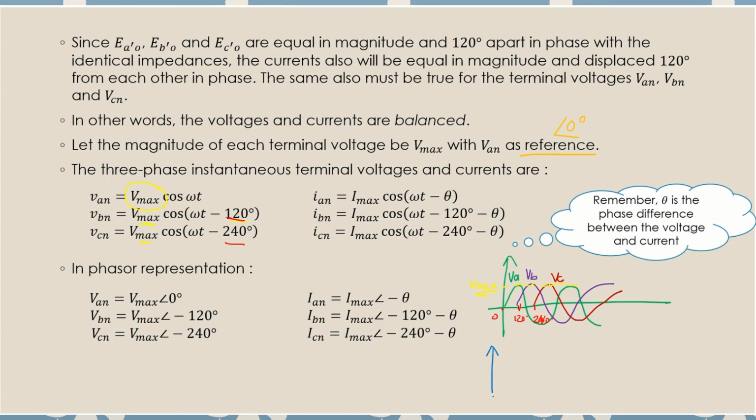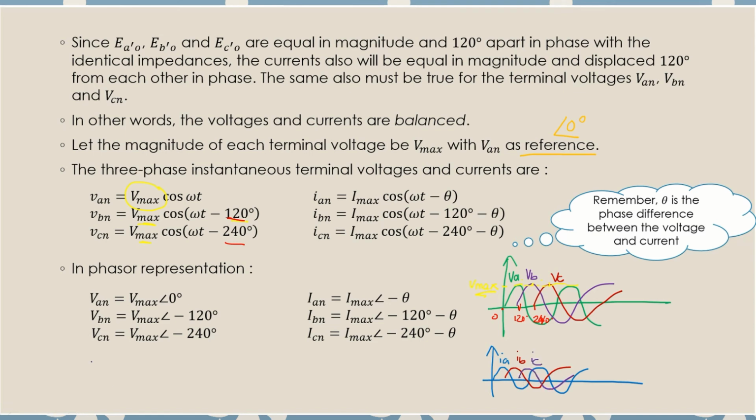current is also the same. You have 3-phase current and you label it as IA. And then you have phase B, that is IB. And then you have IC, of course.